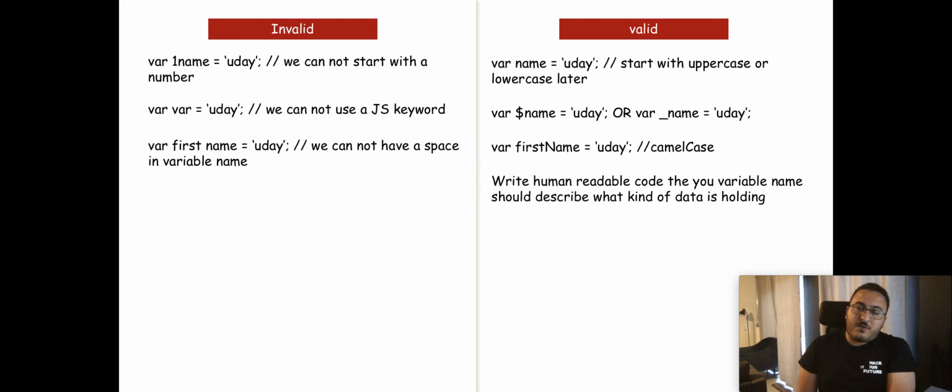Another thing I'm going to explain is that we should write human readable code. Well, that was my reaction when I heard about it for the first time, but let's try to simplify it. What do I mean by human readable code? Let's talk about variable naming.